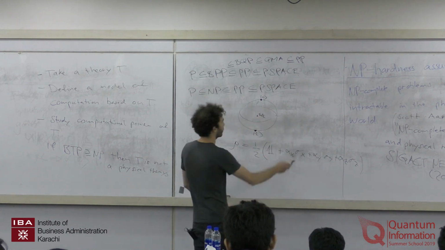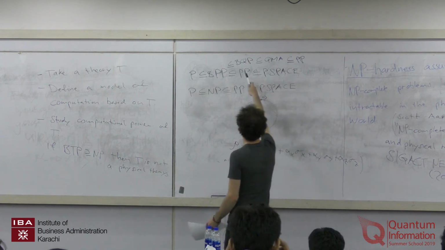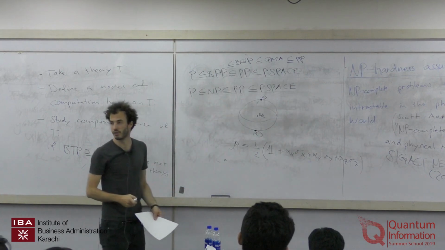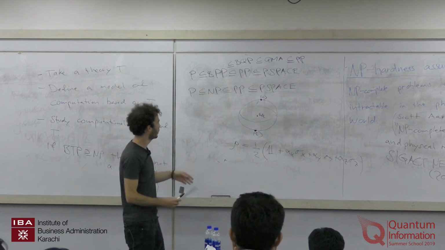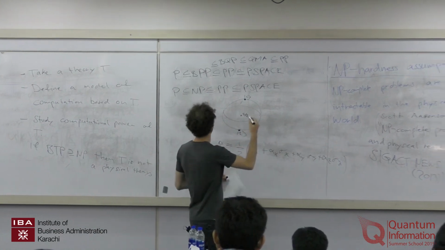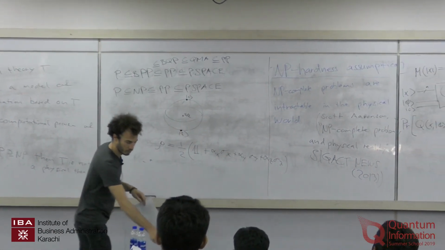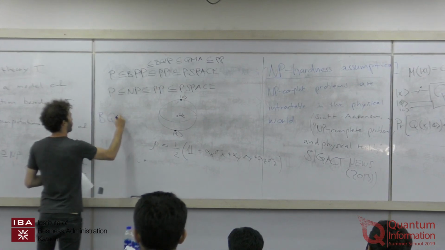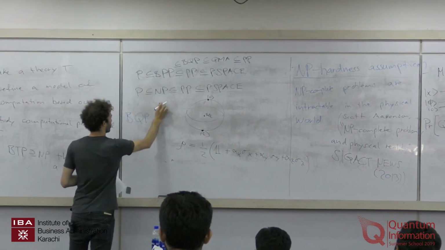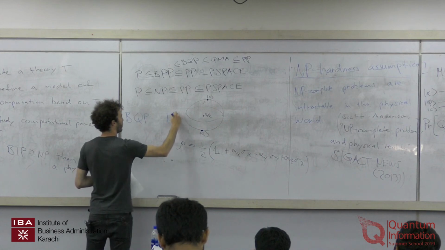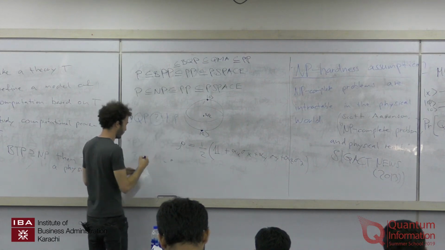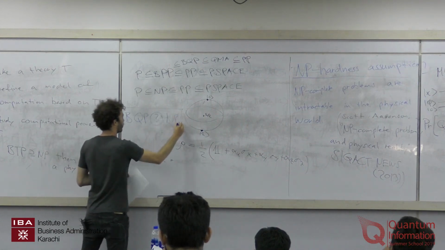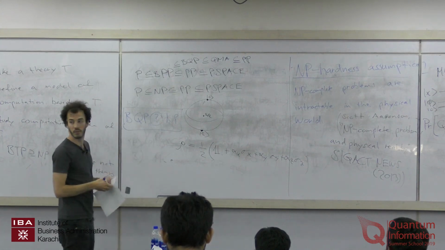So, having this NP-hardness assumption, now we can look at BQP, which is the class of tractable problems with a quantum computer. How BQP relates to NP is an open problem, of course. We don't know.